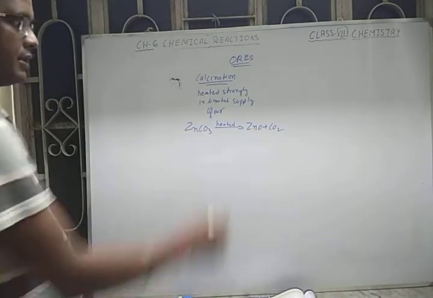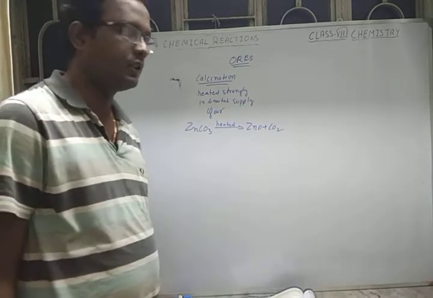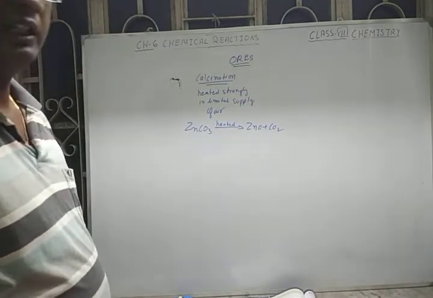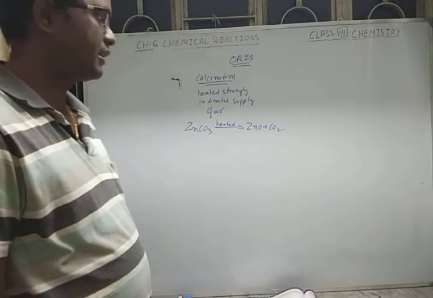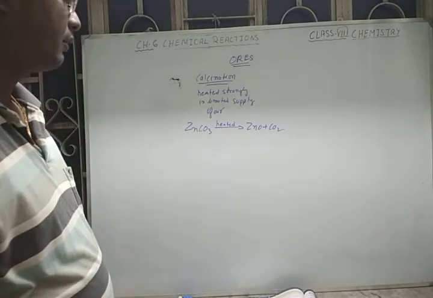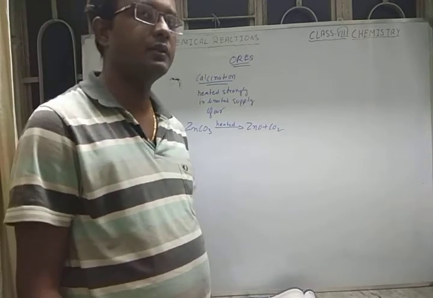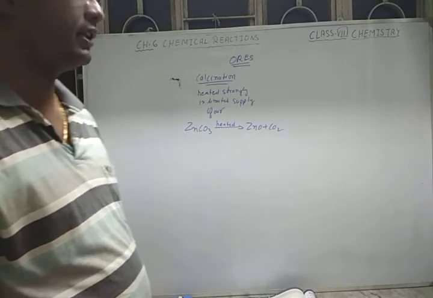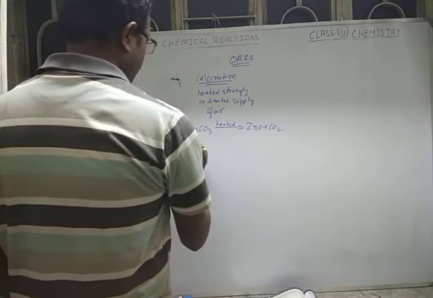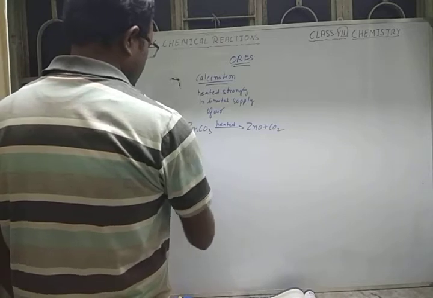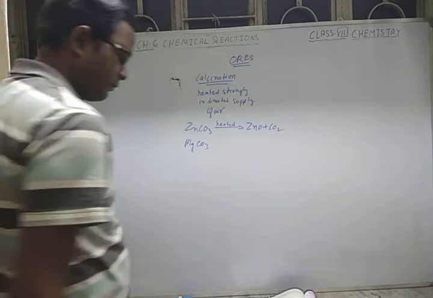From this zinc oxide you can displace the oxygen by reacting with some reducing agent. ZnO plus, suppose, hydrogen gives Zn plus H2O, or we can use some other reducing agent. Carbon is a good reducing agent, for example. Another example is MgCO3, magnesium carbonate.